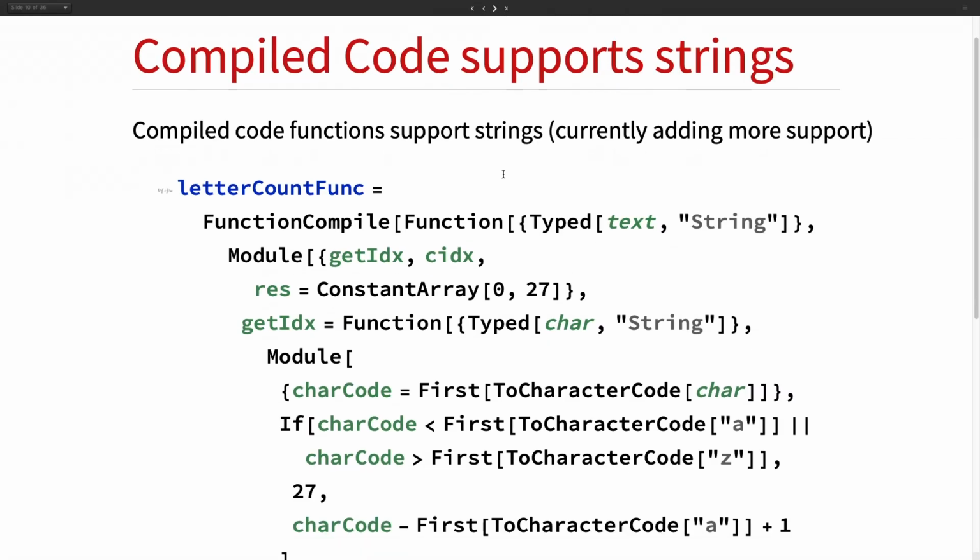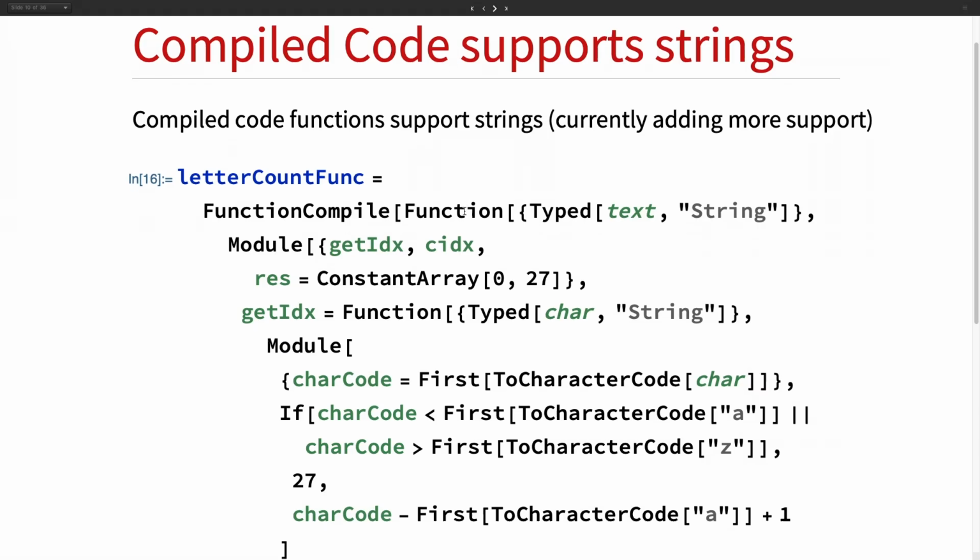The other interesting thing is that compiled code supports strings. The bytecode compiler only supported real, complex, Boolean, and integer, and the list versions of all of those. But the new compiler supports strings.